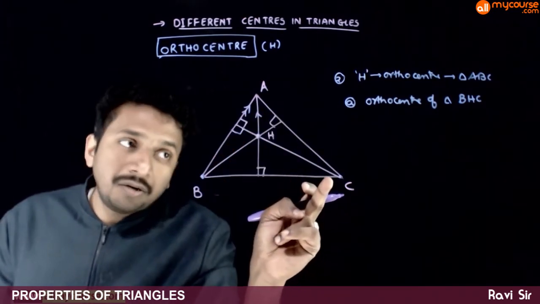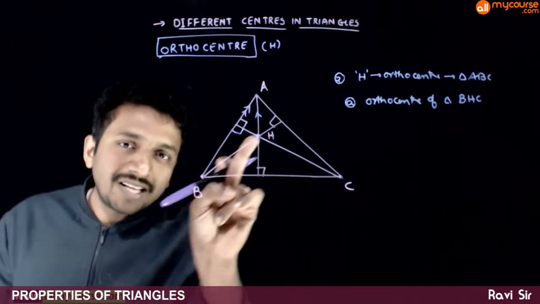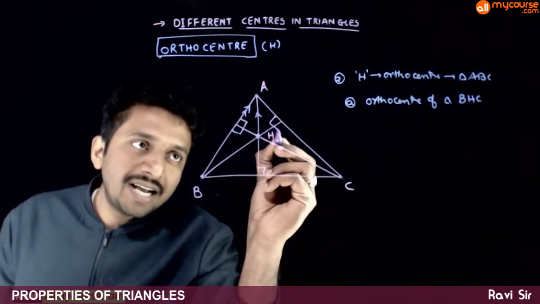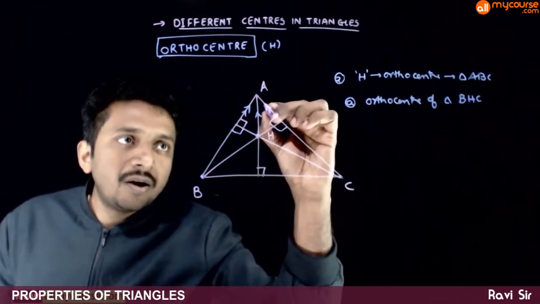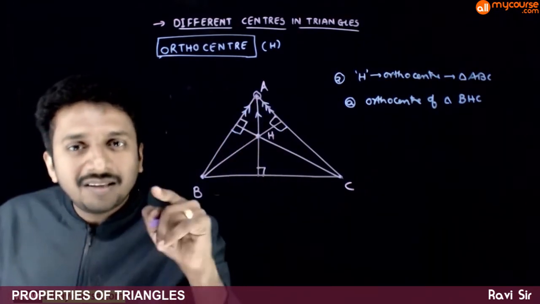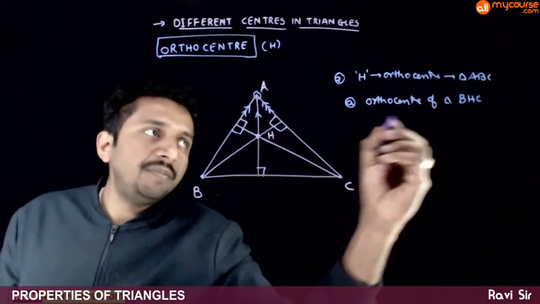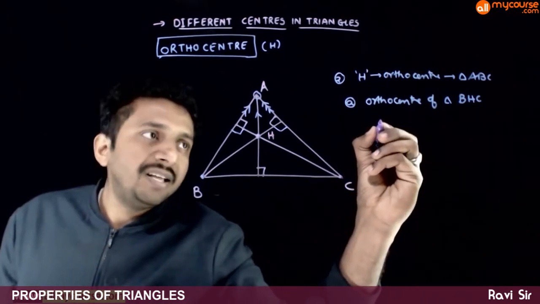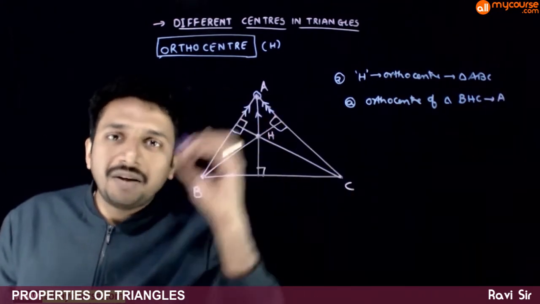And what is the altitude from C onto BH? You need to extend BH. Because this angle is 90, this angle is also equal to 90. So CA is the third altitude. Where are they meeting each other? They are meeting at the point A. So the orthocenter of triangle BHC is the point A, the remaining vertex.